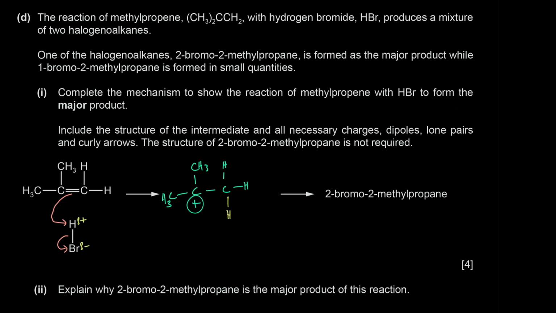It requires more activation to form. So here we form this tertiary carbocation, and then in the second step, the bromide will attack this carbon and bond to it to form the final product. So you're going to have a bromine atom over here. That's the major product.